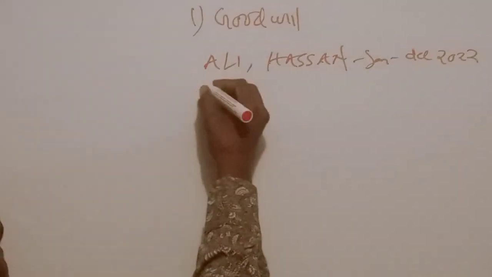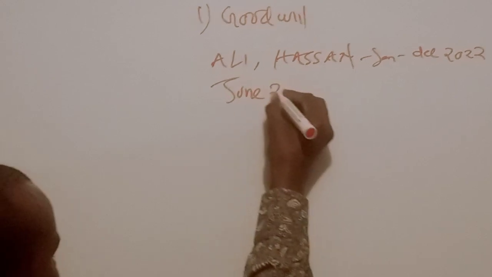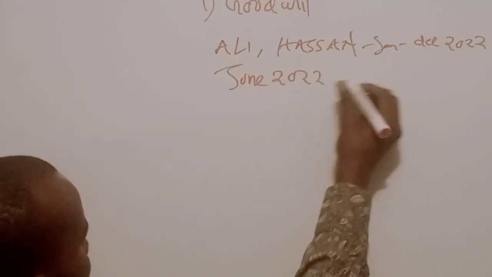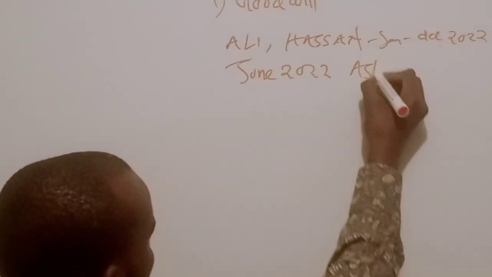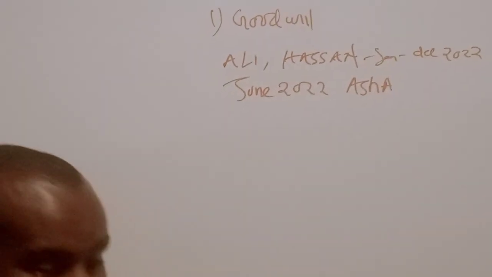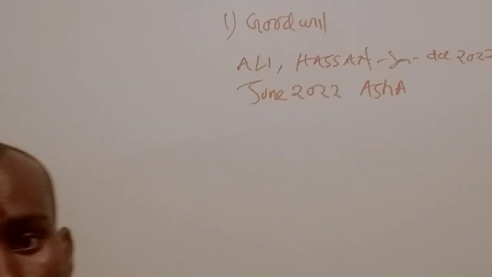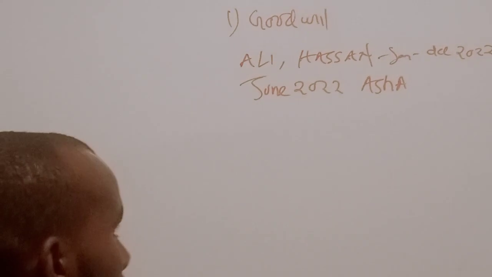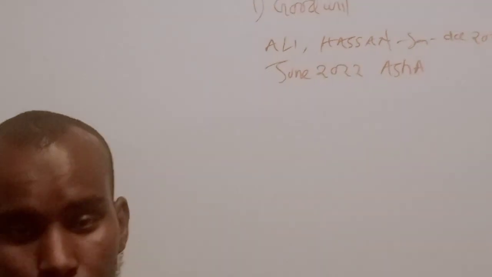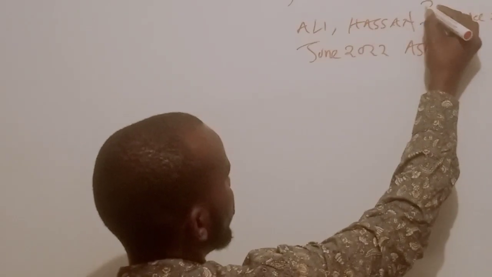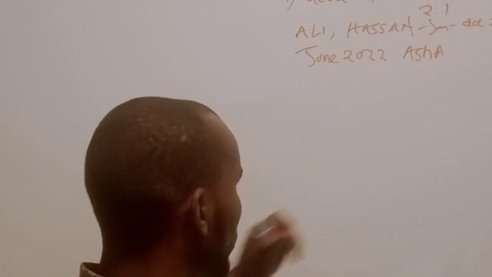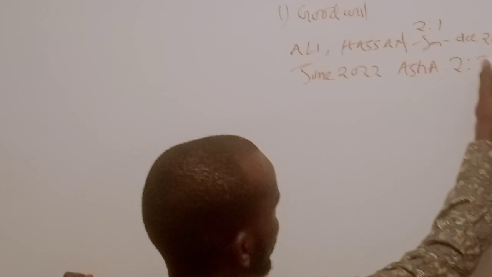Maybe as from June 2022, we admitted, let's say, Aisha. Now, when we admit Aisha in June 2022, that means there will be 3 partners. Previously there were 2 partners. Let's say the previous ratio was 2 to 1, and now it is 2 to 2 to 1.